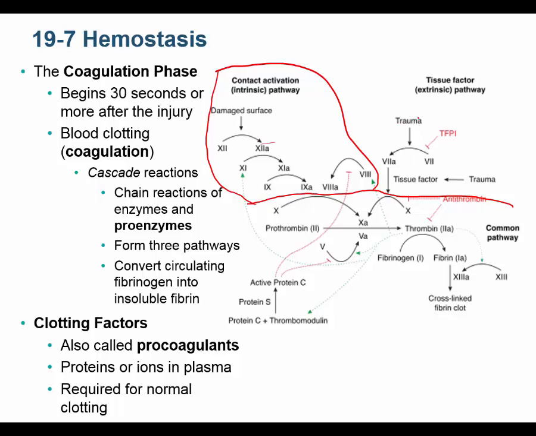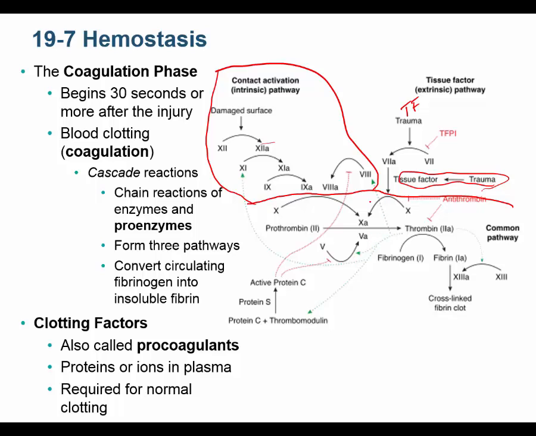So it's saying trauma here, but trauma leads to tissue factor exposure. Actually, it says it right here. You can see trauma leads to tissue factor exposure. Tissue factor activates 7 to 7A. 7A activates 10 to 10A. And now you're in the common pathway.